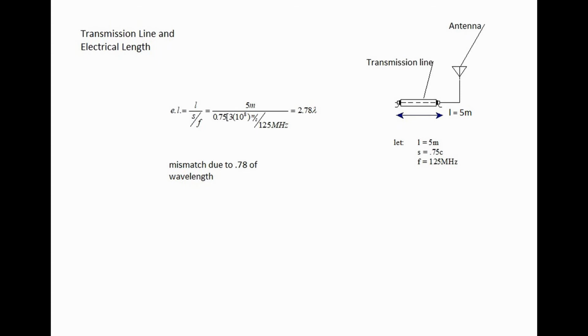If the transmission line is 5 meters, will it accommodate the signal? When we go through the formula, we see that the electrical length is 2.78 lambda. The 0.78 means that the signal is too long, and so we have a mismatch. When you have a mismatch, the signal bounces back and creates standing waves, which can cause a major problem.